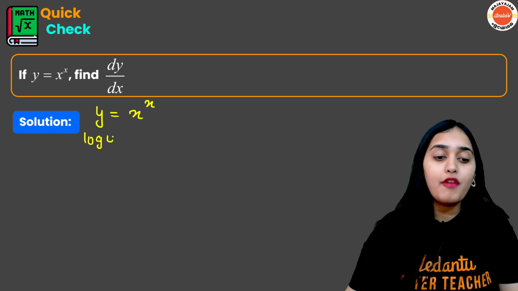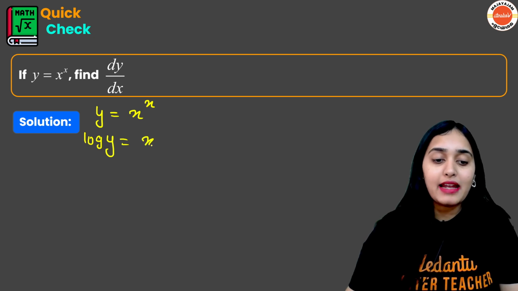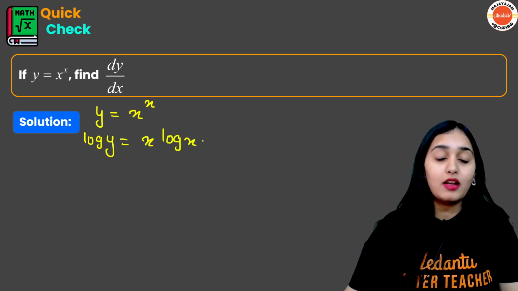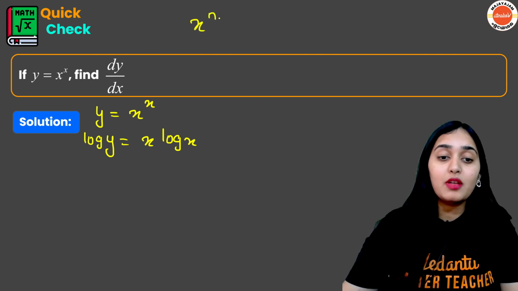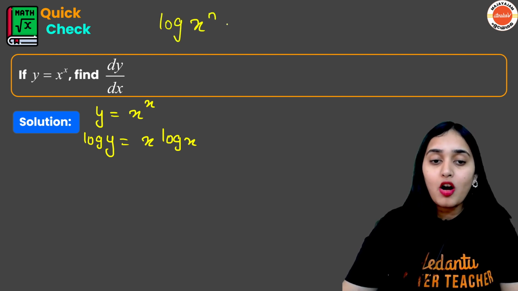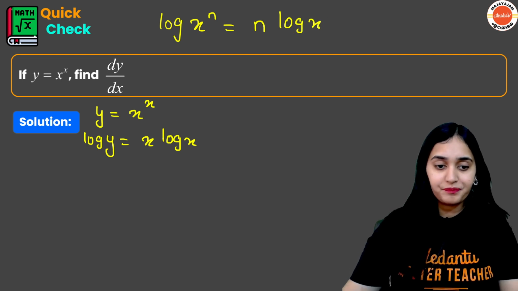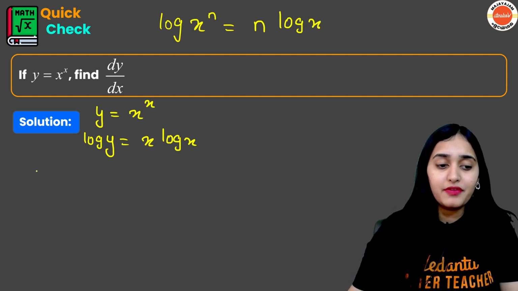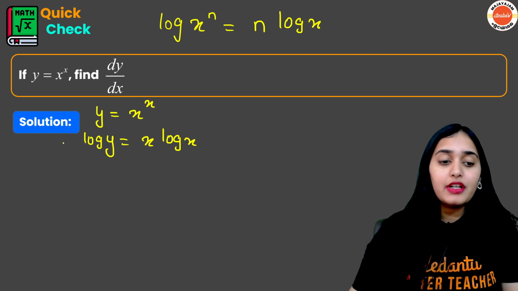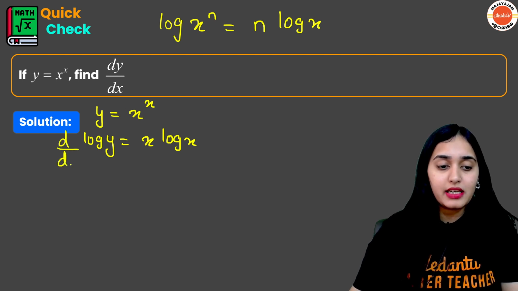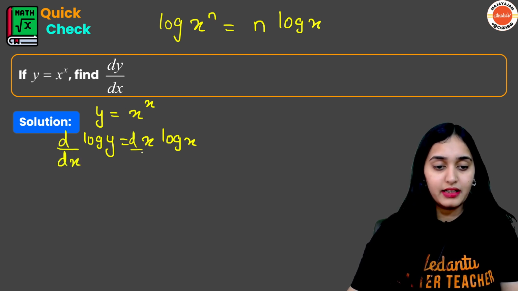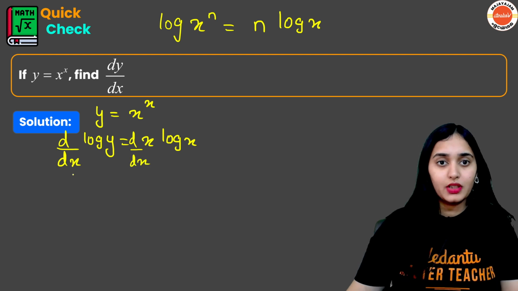So, log of y is x times log of x, because remember, x to the power n, if you are applying log to it, then n comes at the front and it becomes n log x. Similarly, x will come in front. Now you differentiate it, d by dx on both sides. Okay.